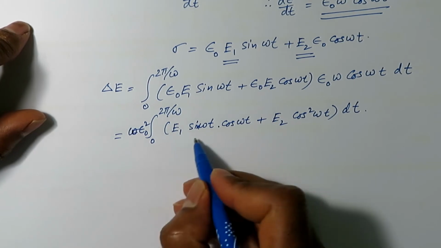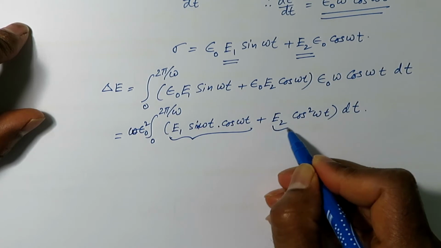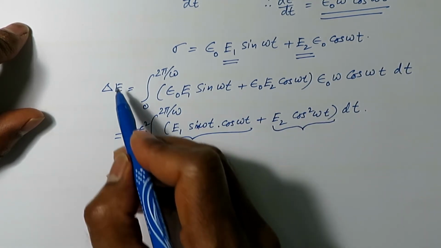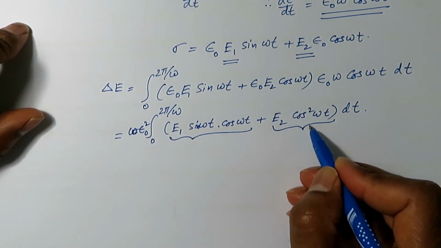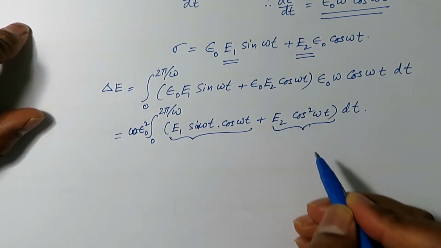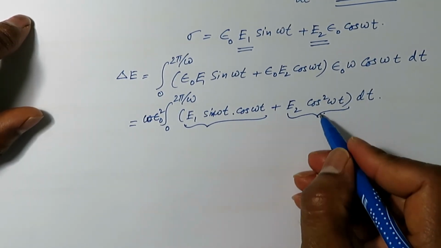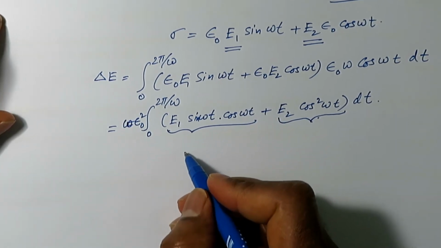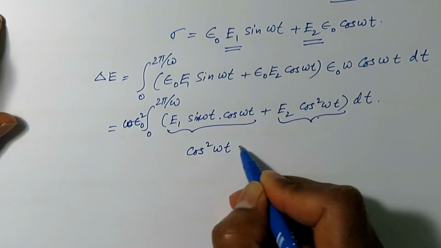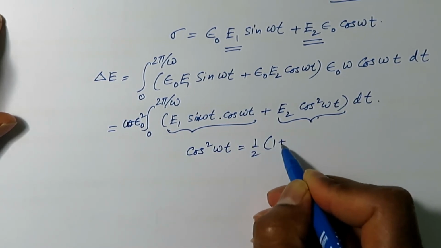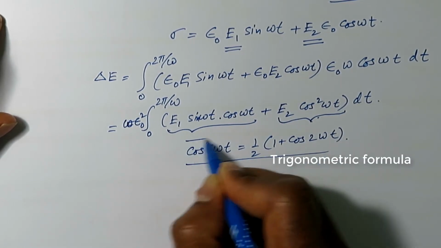Now this equation contains two components. One is the storage modulus, another is the loss modulus. So the viscous loss of energy will be calculated by this part. So we will only consider this. Here we will use a trigonometry formula which is given as, so this is a formula we will use now.